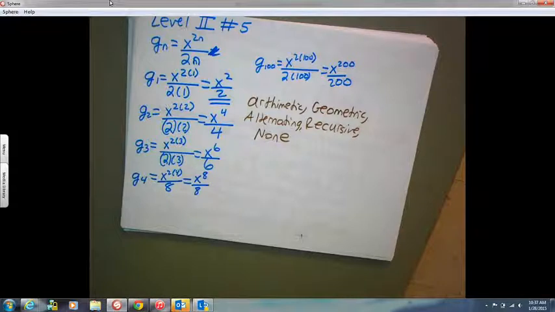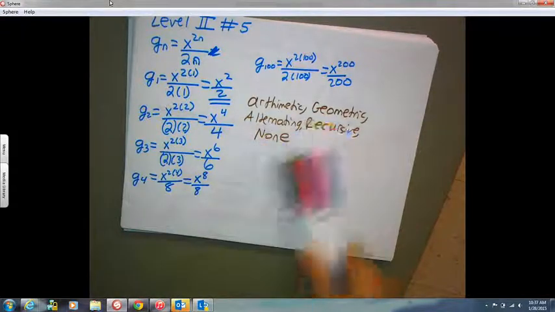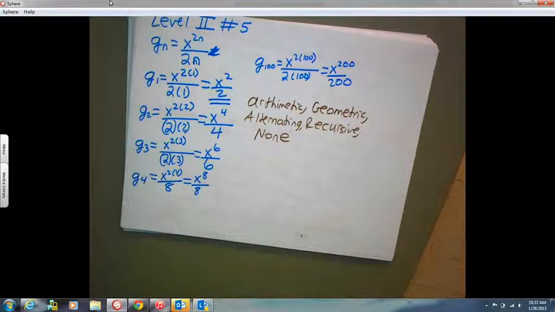Yeah. So the question is, you've got to see which one of these. That's part of the problem. Yep. No need to say it yet. Any questions on generating the terms?